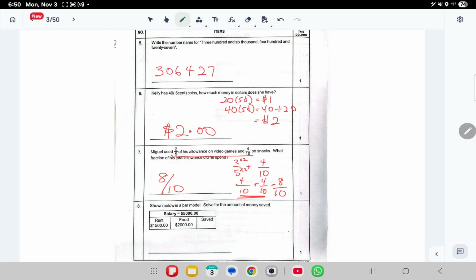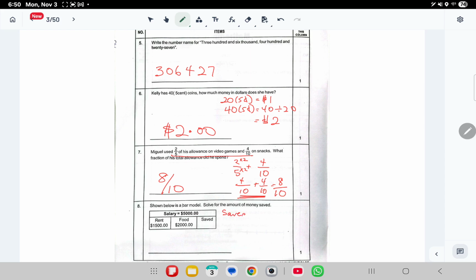Alright, number 8. Shown below is a bar model. Solve for the amount of money saved. So the total salary is $5,000. From this $5,000, $1,500 went to rent, and $2,000 went to food. So the remainder would be the amount that was saved.